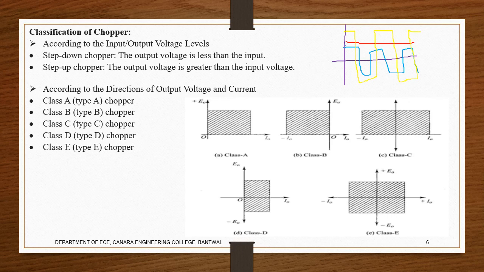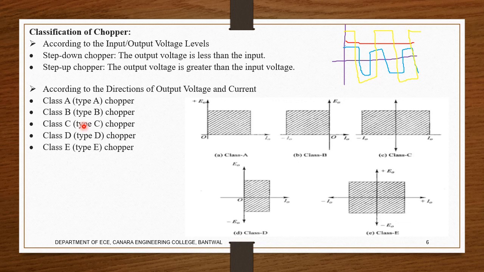If the red line is the fixed voltage, which is given as the input, the blue color is the step down and the yellow color is the step up. You can observe here that in the step down, the output voltage is less than the input voltage, and here it is greater than the input voltage. So this is what we call the step up, and this is the step down.